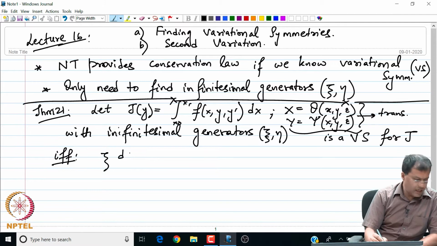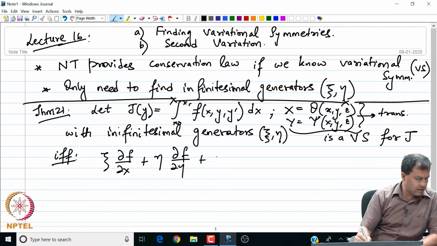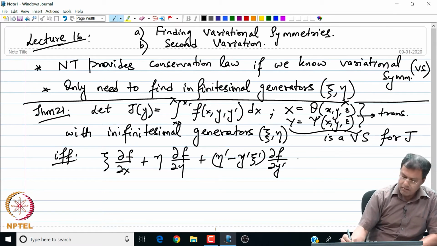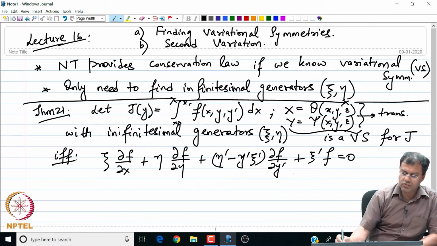So zeta times partial f partial x plus eta times partial f partial y plus eta prime minus y prime xi prime times partial f partial y prime plus xi prime f is equal to 0.